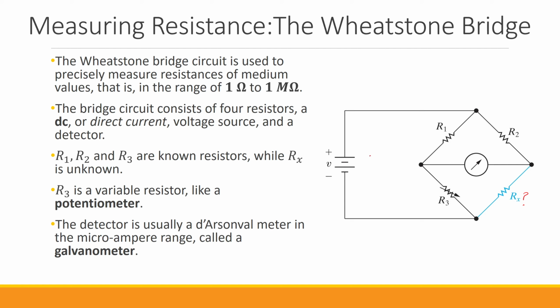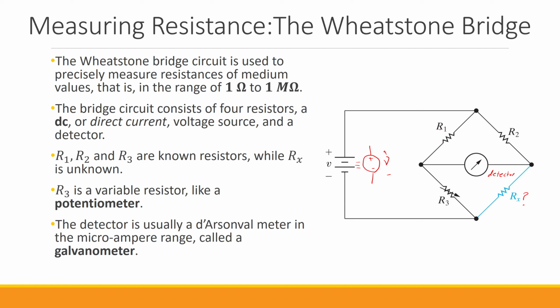This is equivalent to a voltage source that we usually show like this. So these two are practically equivalent. In addition, we have this detector here that connects this node and this node together.